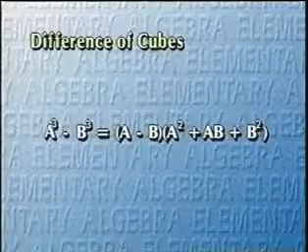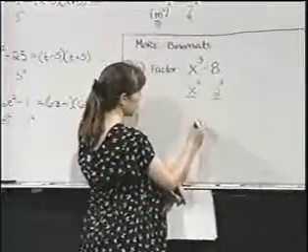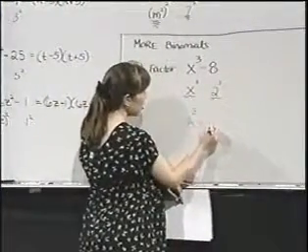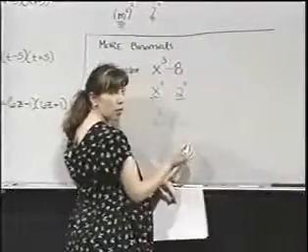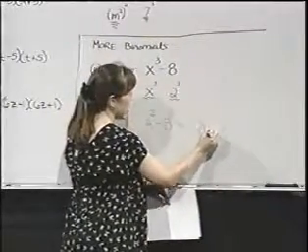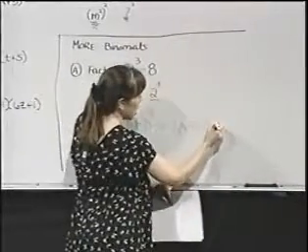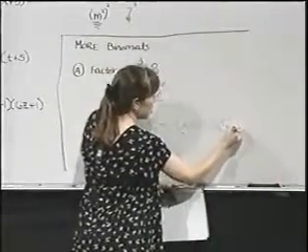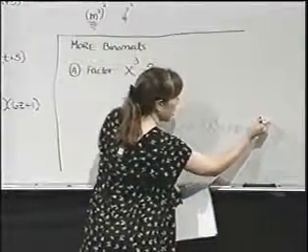Okay? I'm going to write that formula again on the board because it's an important formula. A cubed minus b cubed is a product of two polynomials, a minus b times a squared plus ab plus b squared.